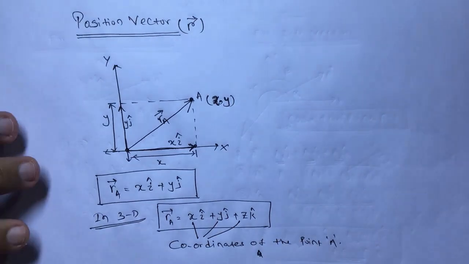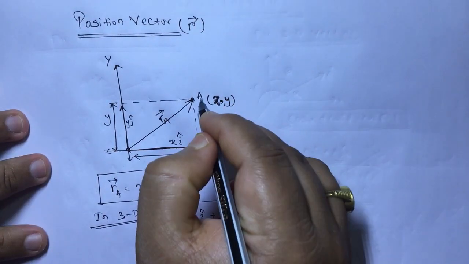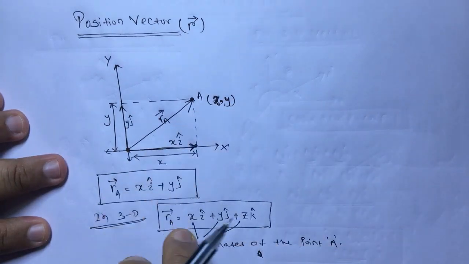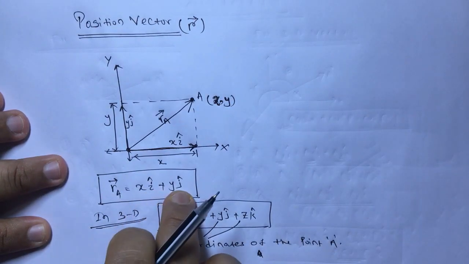If a point is given as 2 comma 3, then its position vector is 2 i cap plus 3 j cap.